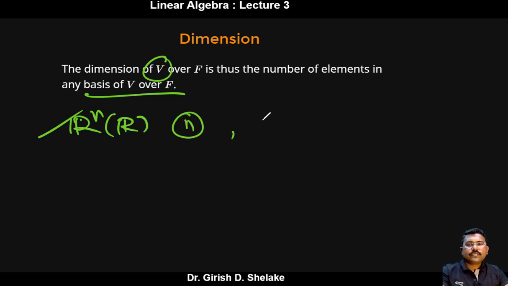Also, if we consider a field F, then F over F is a vector space. In this case, its basis contains only one single non-zero vector, any non-zero vector in that field, and therefore its dimension is exactly equal to 1. So this is another example of a vector space having dimension 1.